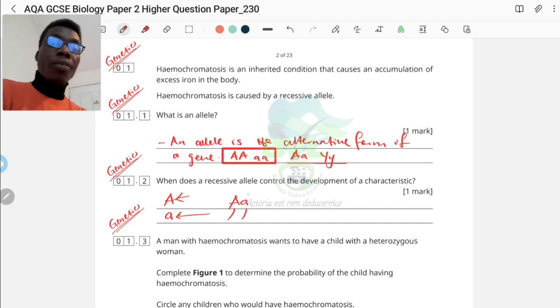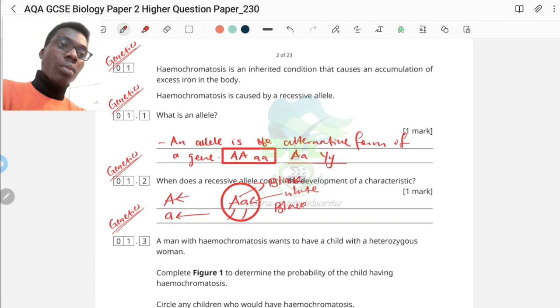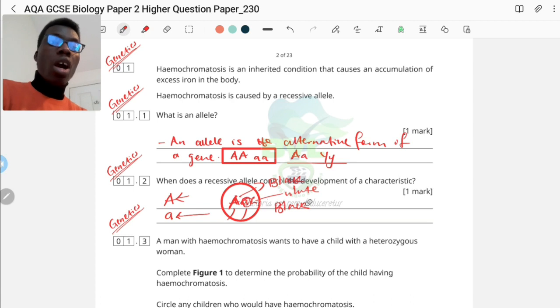So if this was representing black and this was representing white, this organism will be black, because this is a dominant allele. It's going to dominate over the white.